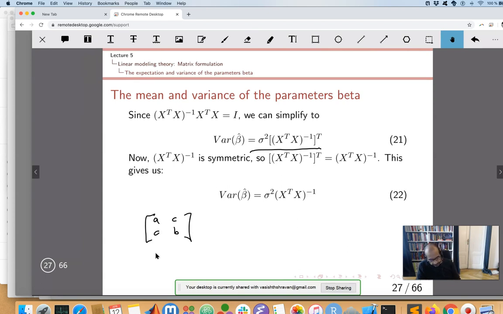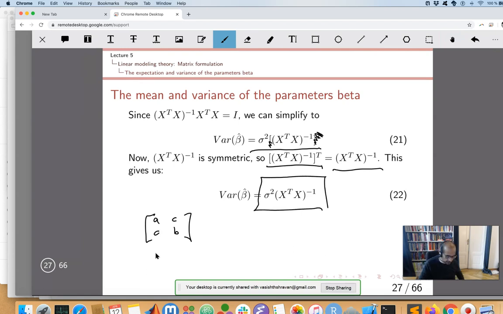So the transpose of this matrix is the same thing as the matrix untransposed, right? So I can remove this transpose completely, and I'm left with this neat result: the variance of the beta hat parameters, that means of the estimators beta, is sigma squared times x transpose x inverse.